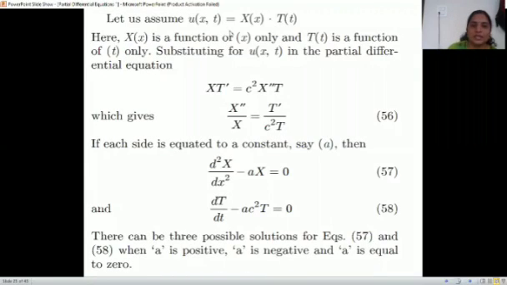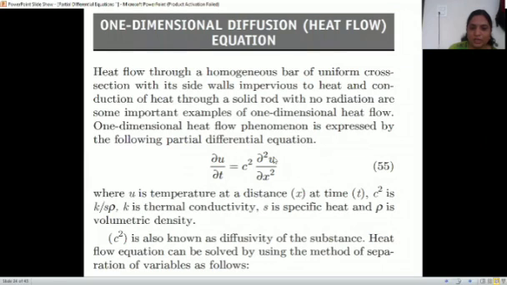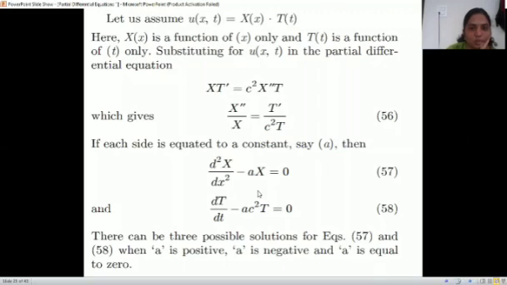So one is with respect to t and the other is with respect to x, so X of x into T of t. Substituting in the given equation, we get X double dash upon X is T dash upon c square T, and that is equal to a, so X gets shifted towards a. Here X double dash is nothing but d²X/dx².